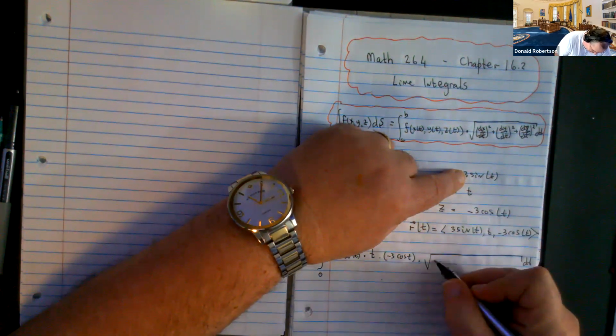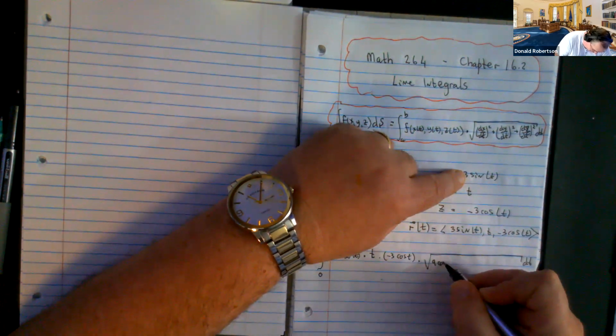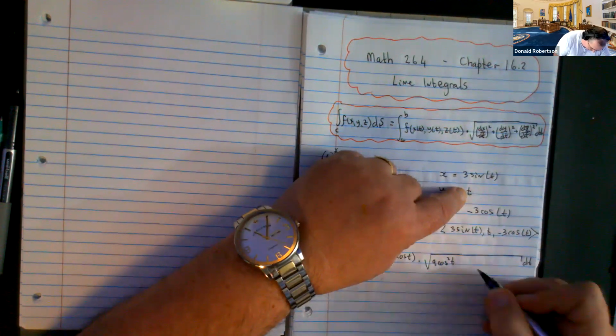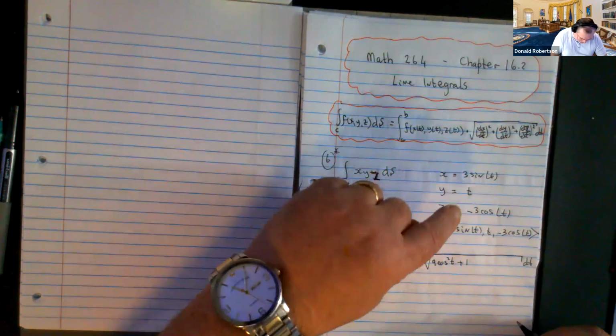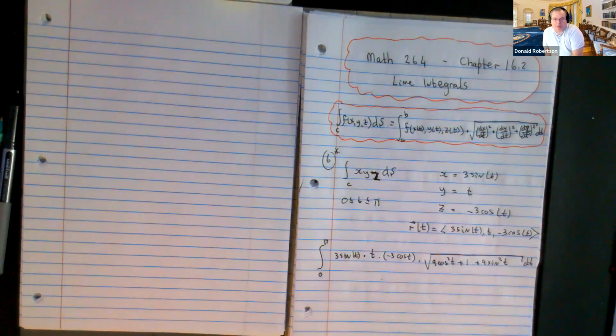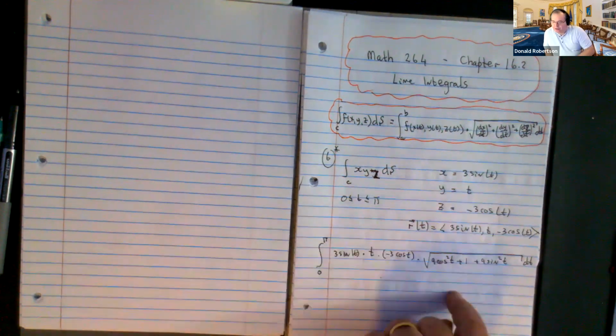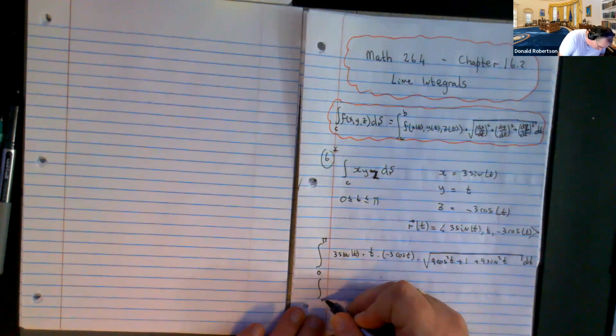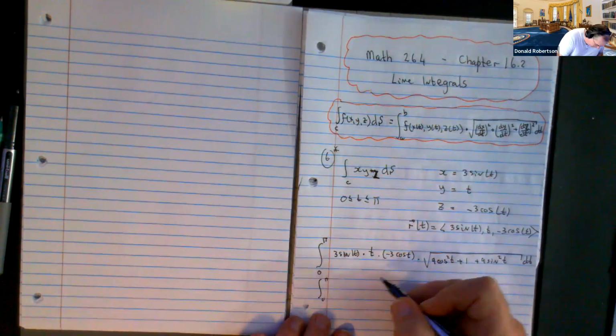If you differentiate this guy, you get 3 cosines, and if you square 3 cosines, you get 9 cosine squareds. Differentiate this, you get 1, and if you square it, you get 1. Differentiate this, you get +3 sine t, but then you square it and you get +9 sine squared t. Are we comfortable with all this goes here and that goes there? Right. Now you would expect, or at least hope, that this will turn into something a little bit nicer.